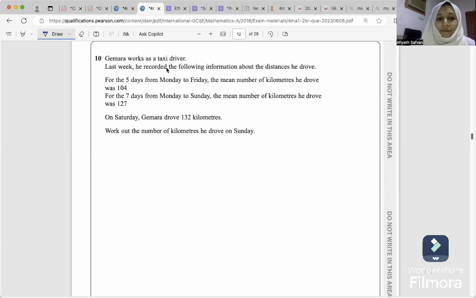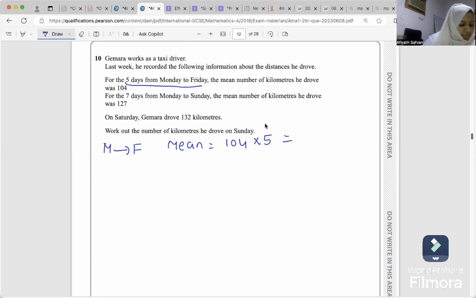Gimara works as a taxi driver. Last week, he recorded the following information about the distances he drove for the 5 days from Monday to Friday. From Monday to Friday, the mean number of kilometers he drove was 104, and he worked for 5 days, so 104 into 5, which is going to be 520.